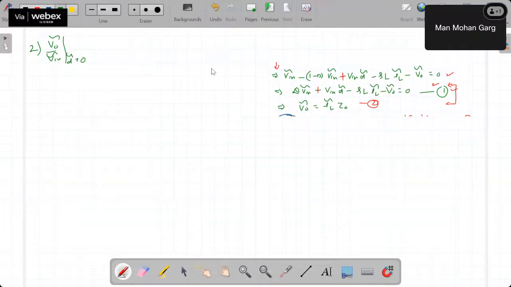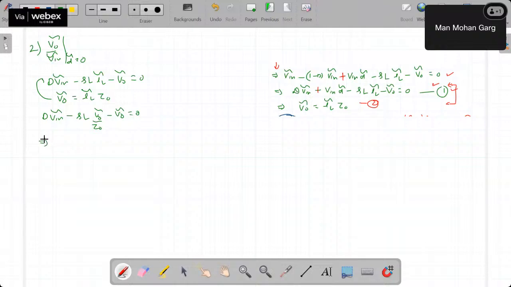If you set D to be 0 in this equation, then you get D V in cap, set to 0, minus SL IL cap minus V naught equal to 0, and another term, V naught equal to IL Z naught. Now you need V naught upon V in, so you eliminate IL and put it back there. So this is D V in minus SL V naught upon Z naught minus V naught equal to 0. Right? You replaced IL by V naught upon Z naught.